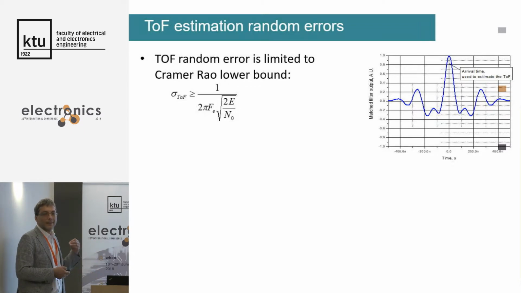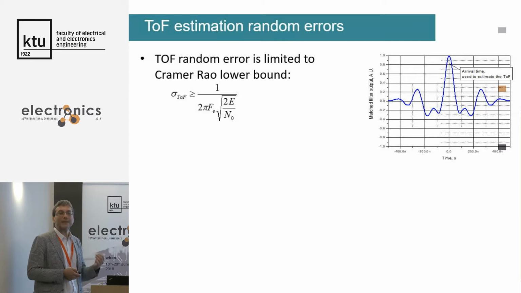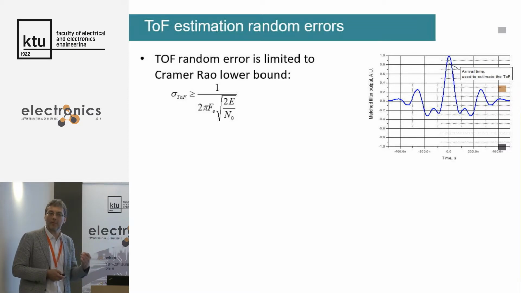This bound tells us the minimum random error that we can achieve if we use the signal with matched filtering, because matched filtering exploits all the signal energy. If you use any other technique, it will not be the case. As you see, the equation is quite simple, because this is the effective bandwidth of the signal.